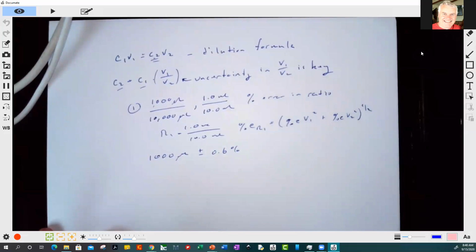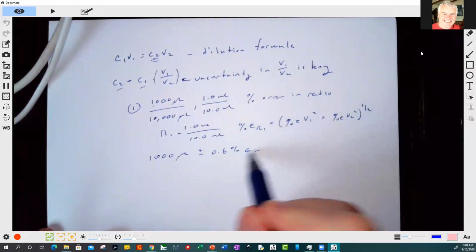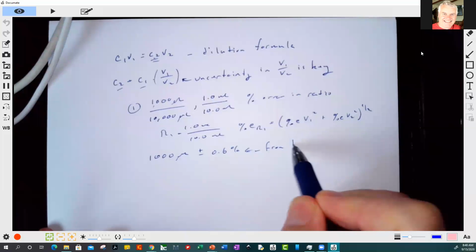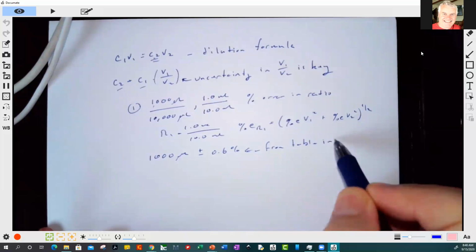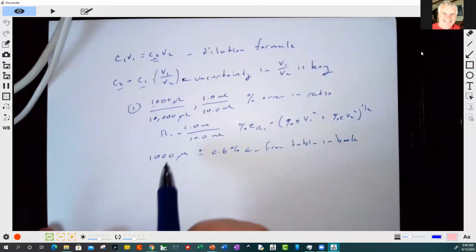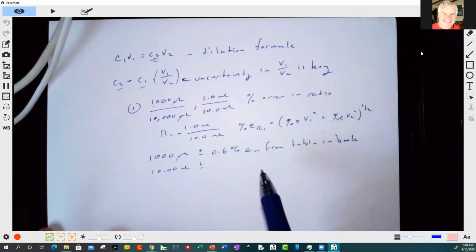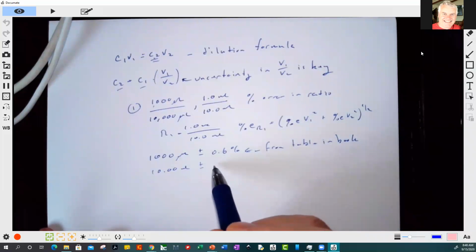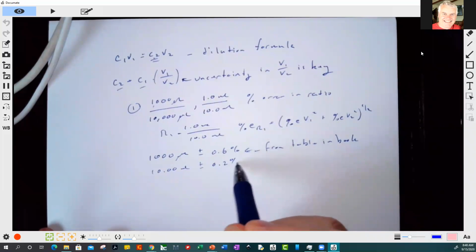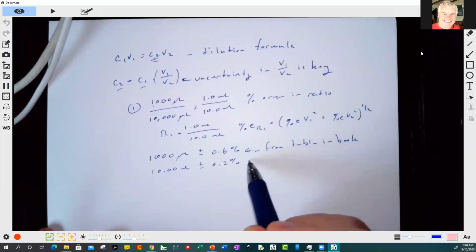That's just from a table in the book. And then in the 10 milliliter, it has a plus or minus percentage error of 0.2%. That's also from the book.